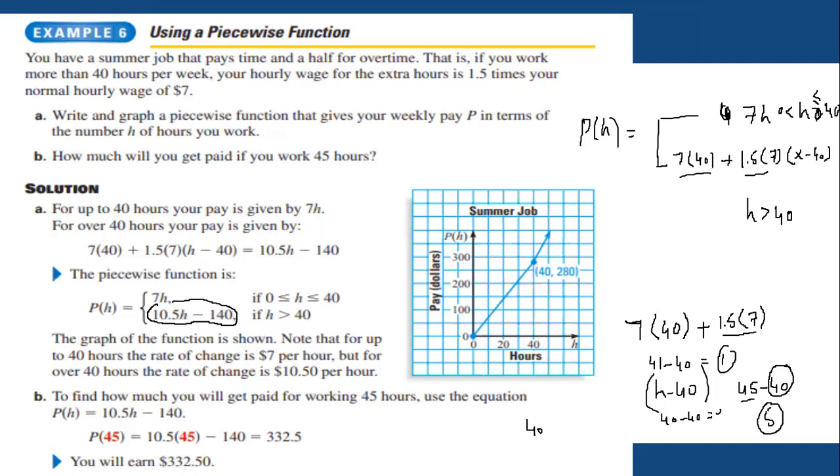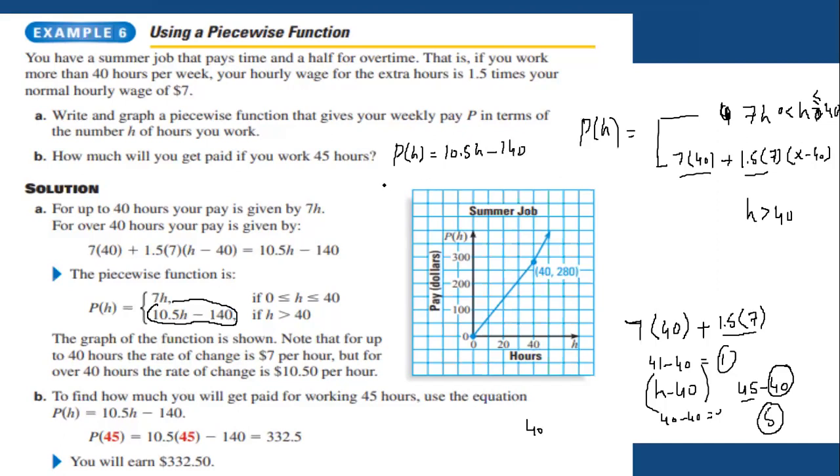The second part is how much you will be paid if you work for 45 hours. We have the second equation, so accordingly you can solve. We have P(h) equal to 10.5h minus 140.